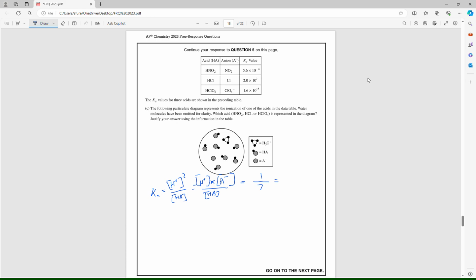But let's look at these Ka values. This one is a decimal, right? It's times 10 to the negative 4th. This one is a huge number, right? This is like 2,000,000,000. And then this is even bigger. So it's got to be HNO2 because it's a decimal. It's got the closest Ka.